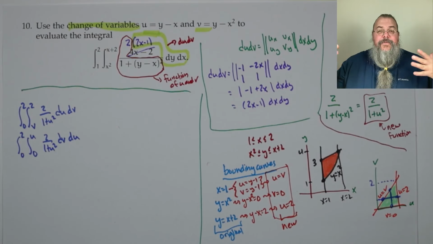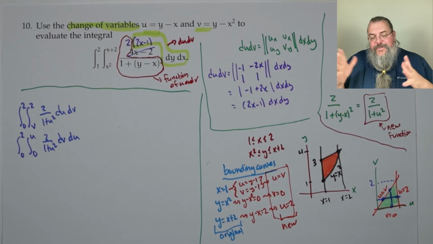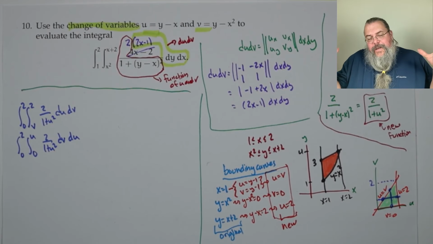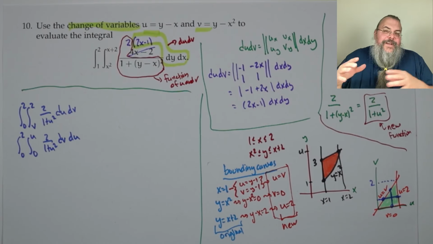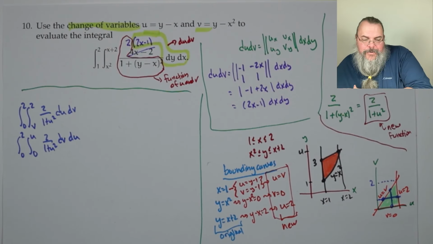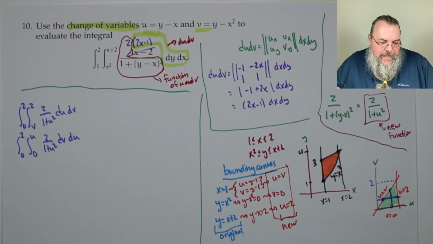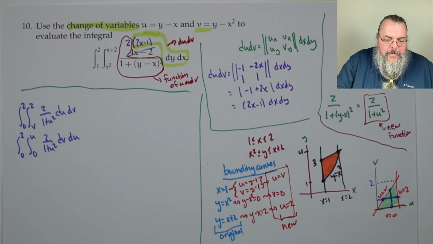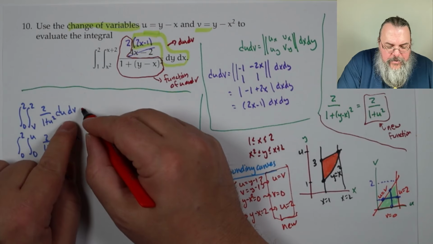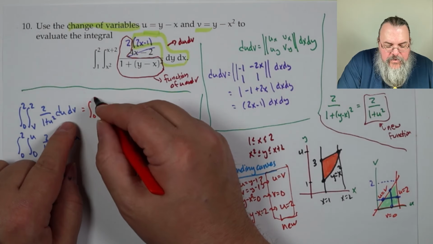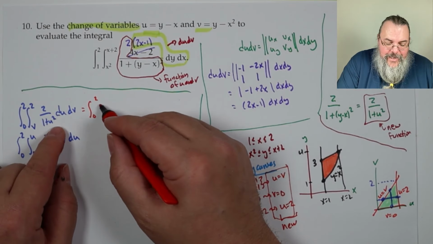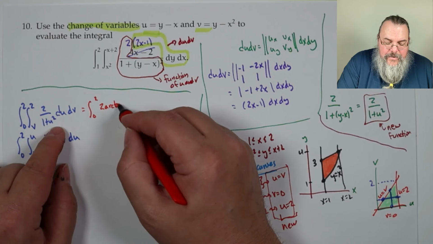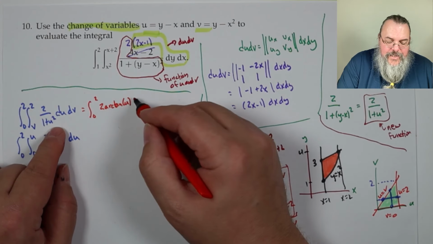And so oftentimes, if I have everything as a function of u, I'd first integrate with respect to v. If everything's in terms of v, I first integrate with respect to u. Okay, so let's proceed. In this first integral, we'd have the integral from 0 to 2, and the integral of 1 over 1 plus u squared is arctangent. So that's why you're like, oh, Steve was going to go for arctangent.